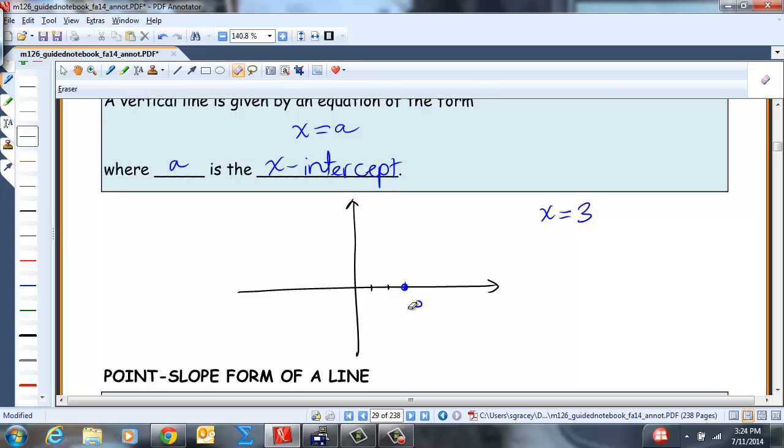Let me move that over because we'll be doing a vertical line. This is 3, 0, and the line would go like that. So this is the line x equals 3.